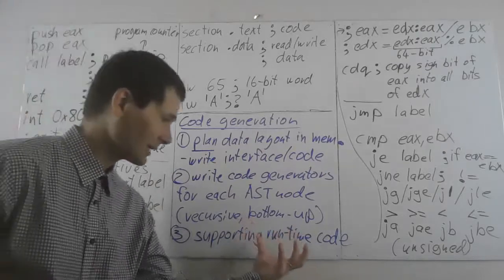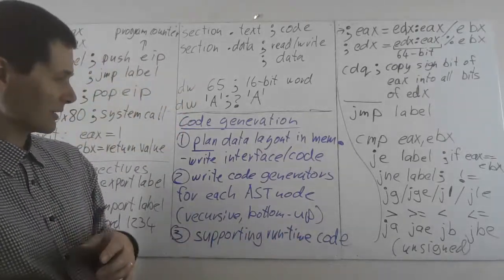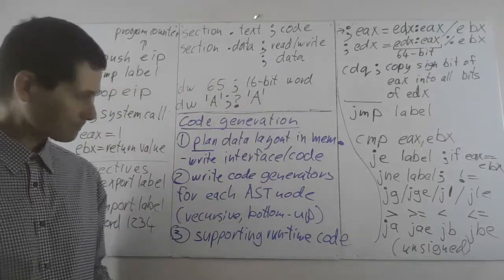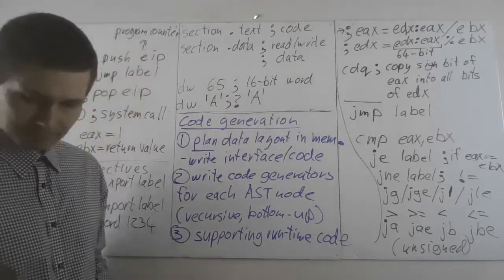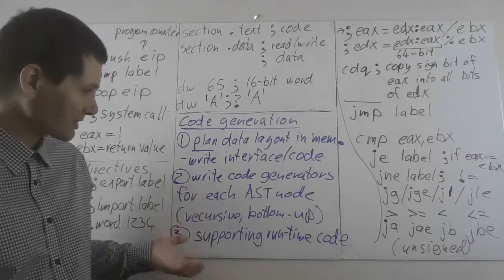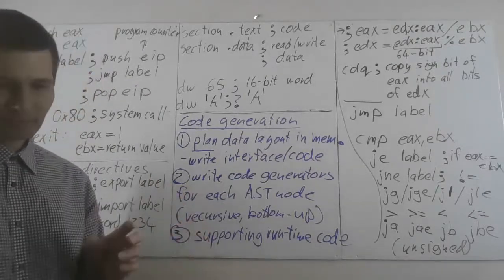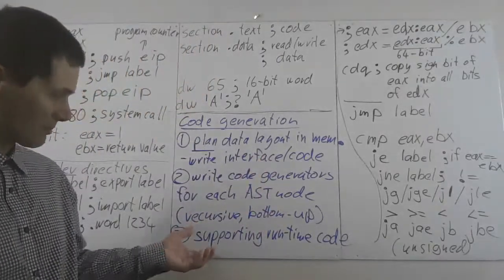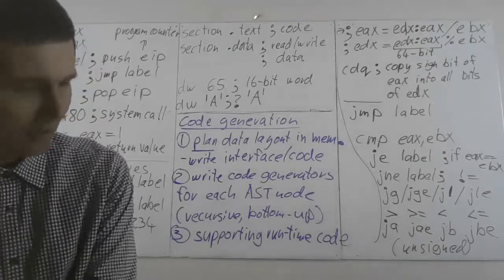Okay, but this is like a constant piece of assembly language code that your generated code might want to call. All right, and again, it depends on the complexity of the language. For Juice, you probably won't need this, but you might find it easier to implement some things this way.